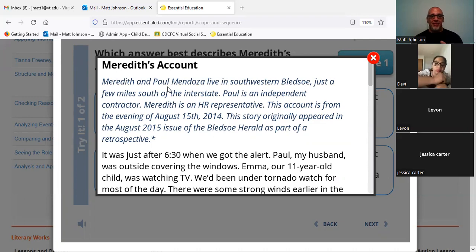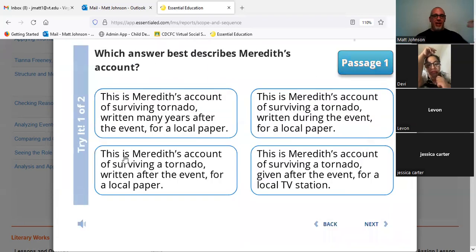It says this is an account for the evening of August 15th. The story originally appeared in the August 2015 issue of the Bledsoe Herald as part of a retrospective. So we know it's her account, written after the event for a local paper. The only thing we really had to look for is what the story is about. It's about surviving a tornado.